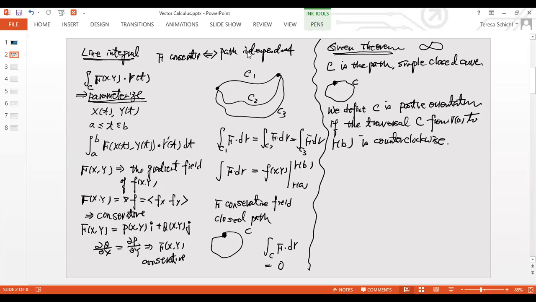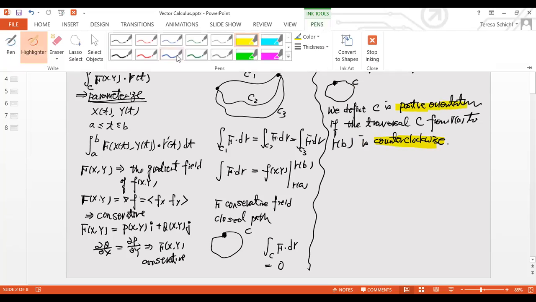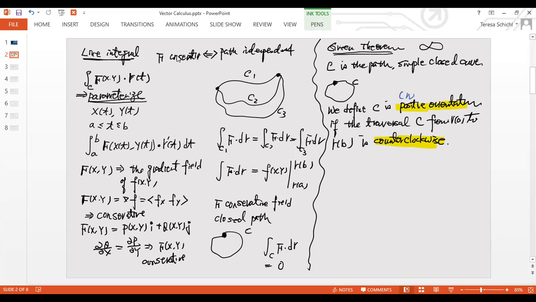It's very similar to how we defined our angles. If it's counterclockwise, then it's a positive orientation. If it's a negative orientation, that means the path goes clockwise.